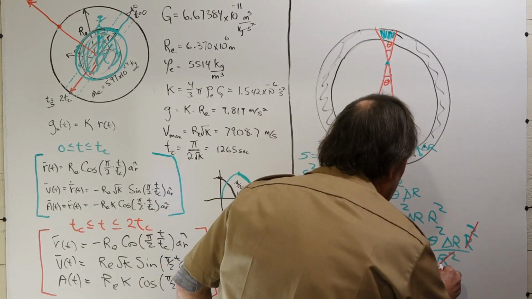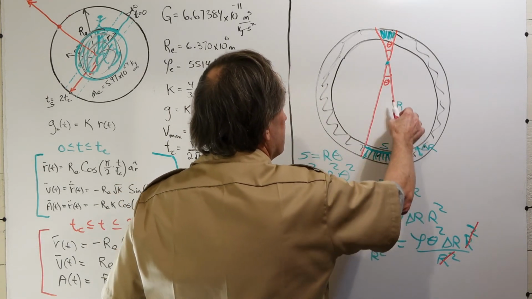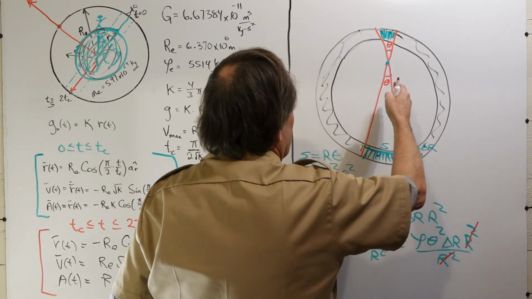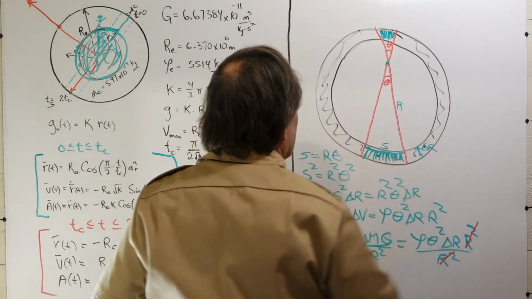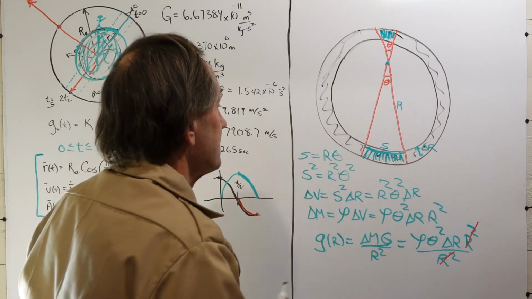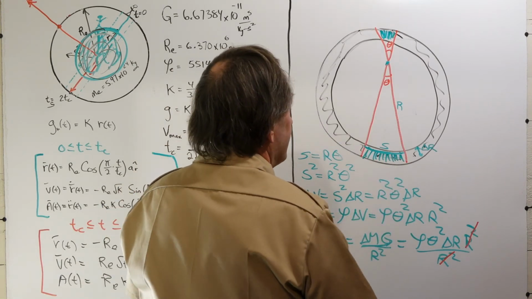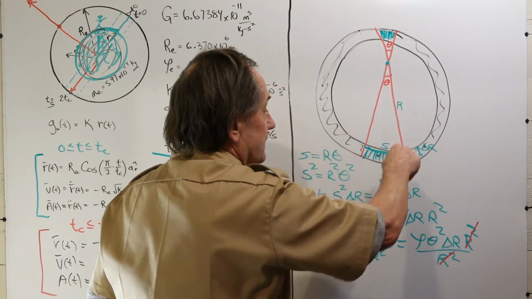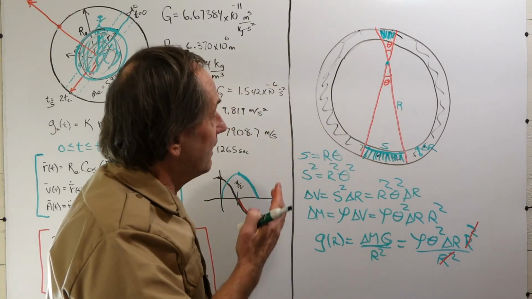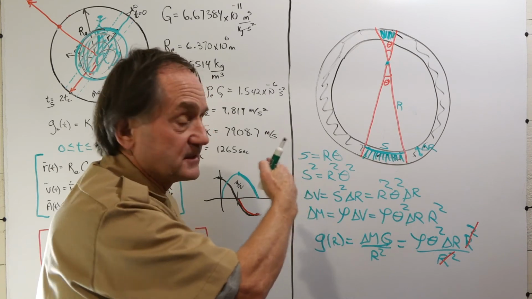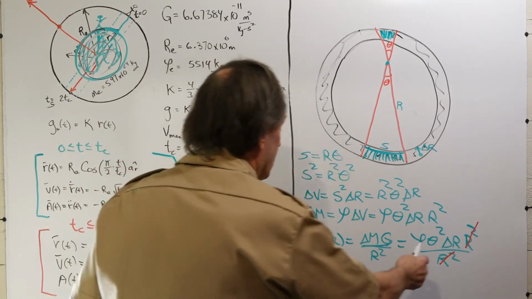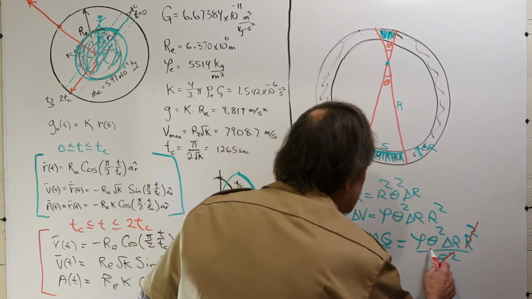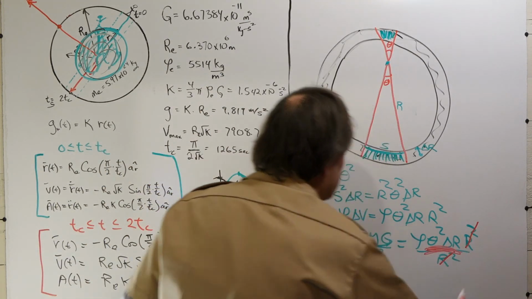So what's happening is for every bit of distance we get away from the mass, we're seeing more of it. And as we get closer, we're seeing less of it, and they exactly balance out. The amount of mass that we gain is proportional to r squared, and the force of attraction on the masses falls off as 1 over r squared. So the gravitational acceleration is constant, is the same.